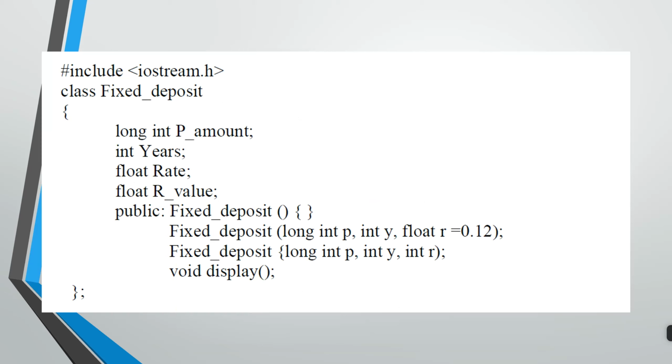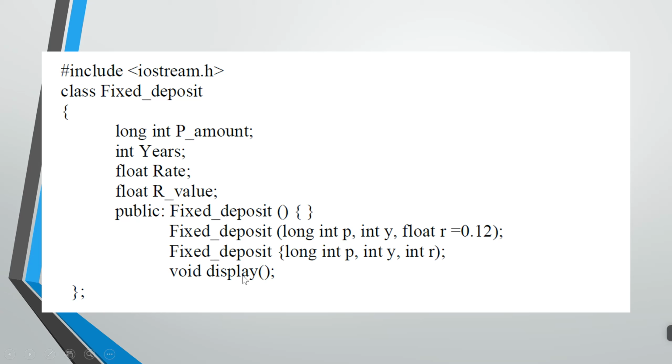Then there are three constructors defined. One is fixed deposit without any arguments. Another is a fixed deposit with the default argument. See, you can see a default argument. And the third one, fixed deposit with arguments. So: a default constructor, a parameterized constructor with the default argument, and another parameterized constructor.